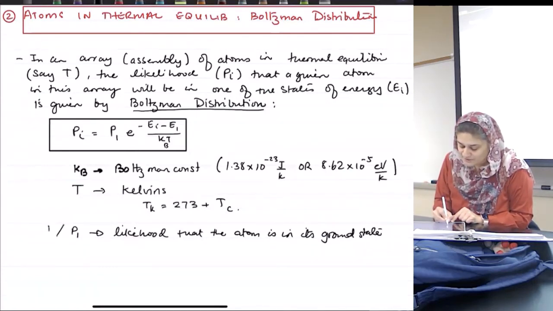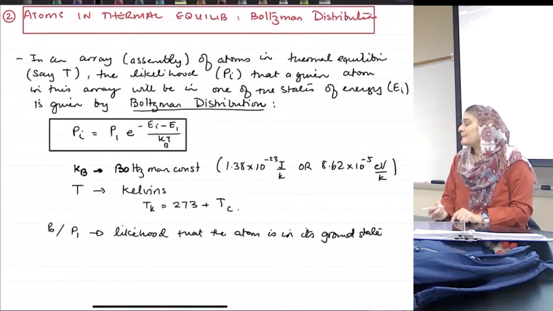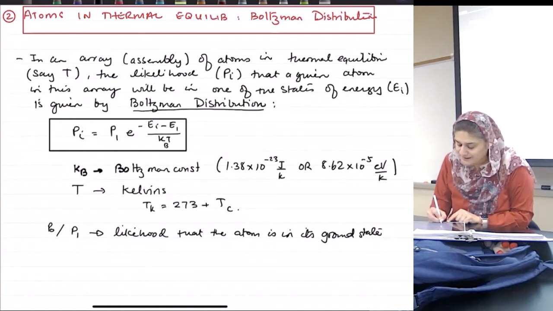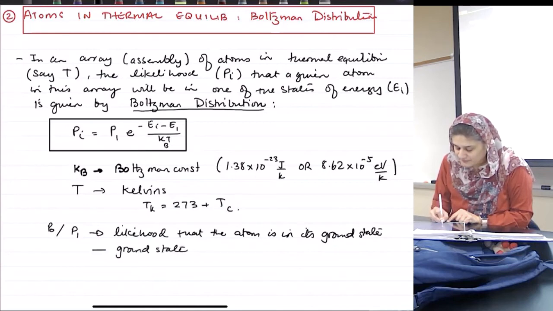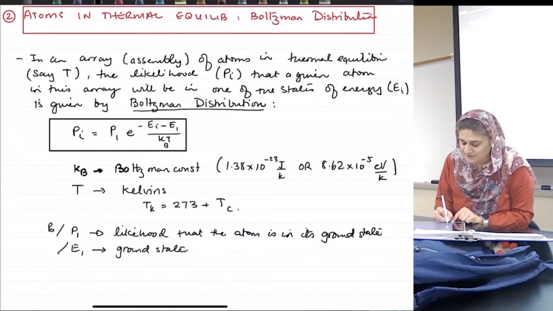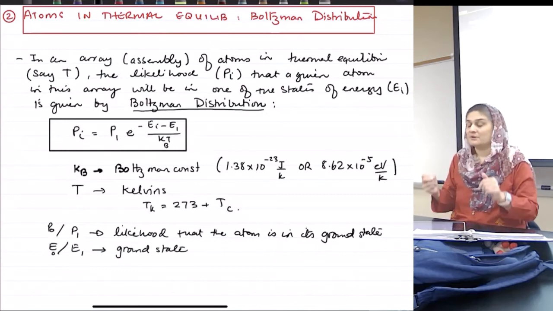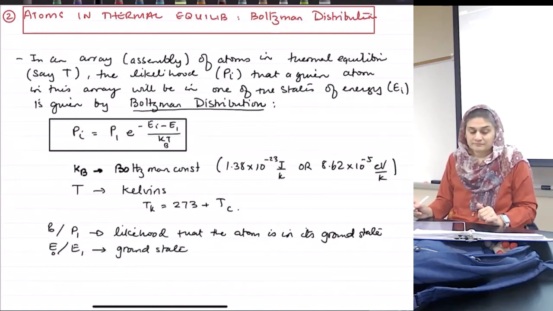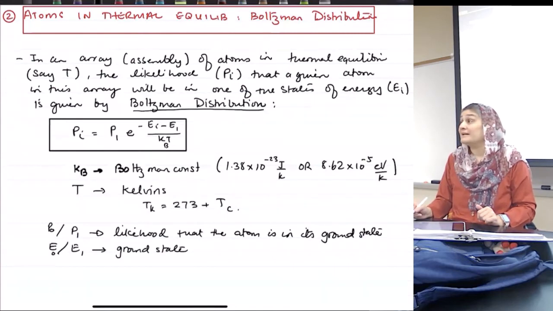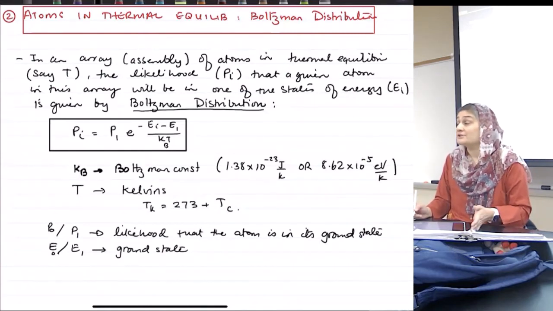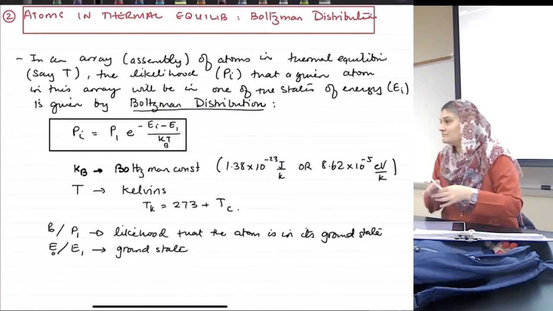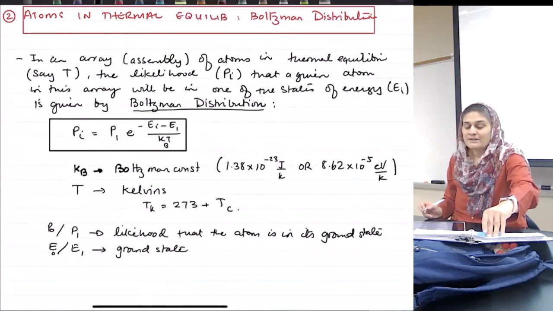Sometimes also called P0, if that confuses you. Okay? And in its ground state, the energy is E1 or E0. However you want to say it. So if you want to do E0, just replace E1 with E0. Remember, in the ground state, the energy doesn't disappear. It'll still have energy. It just won't have any energy that it can give away. Won't have excess energy.